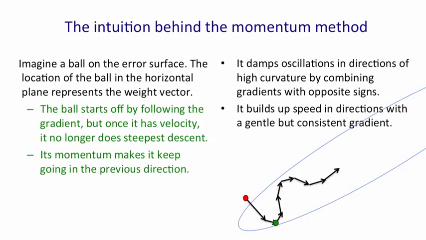Along the ravine, we're going to keep building up speed, and so after the momentum method settled down, it'll tend to go along the bottom of the ravine, accumulating velocity as it goes, and if you're lucky, that'll make you go a whole lot faster than if you just did steepest descent.